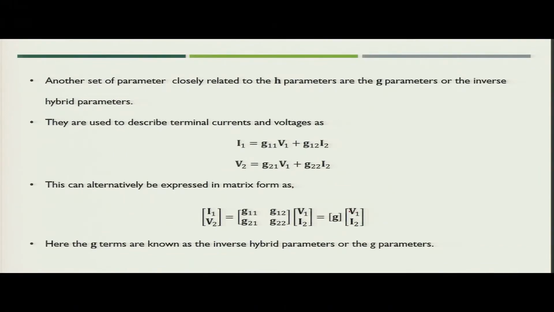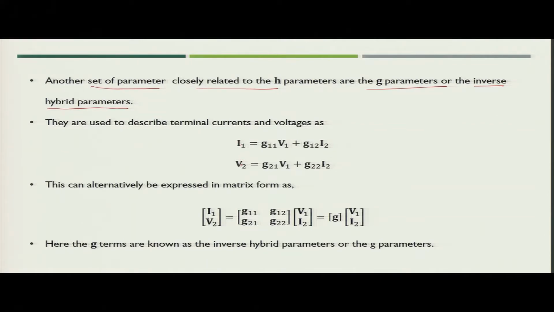Now there is another set of parameters which are closely related to H parameters, and what are they called? They are called G parameters or inverse hybrid parameters. Now in case of H parameters, V1 and I2 were the dependent variables.